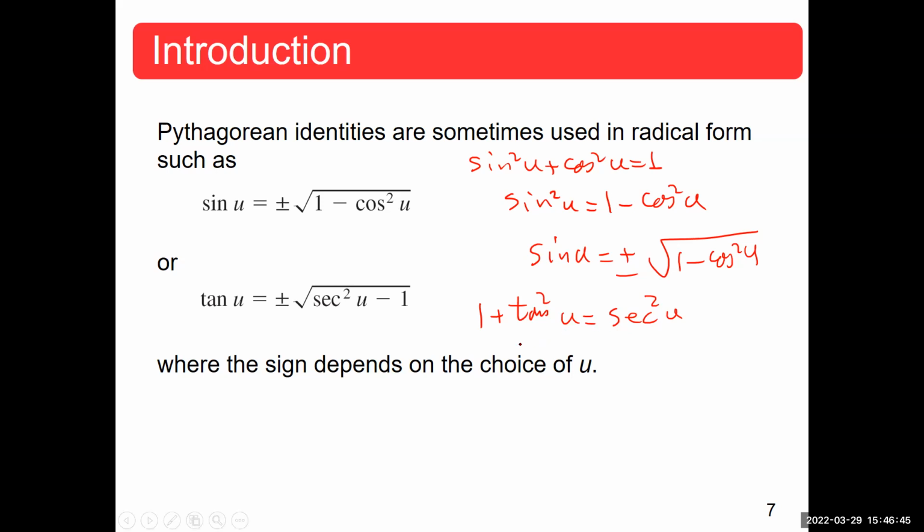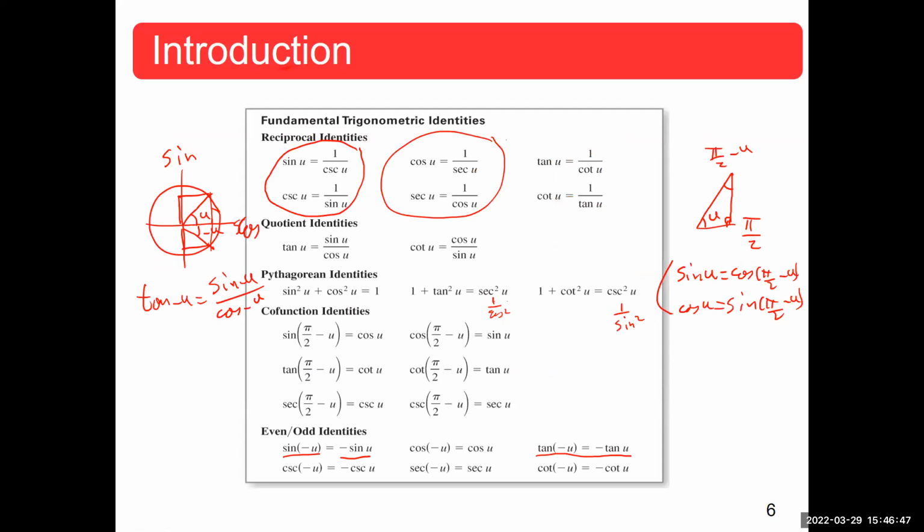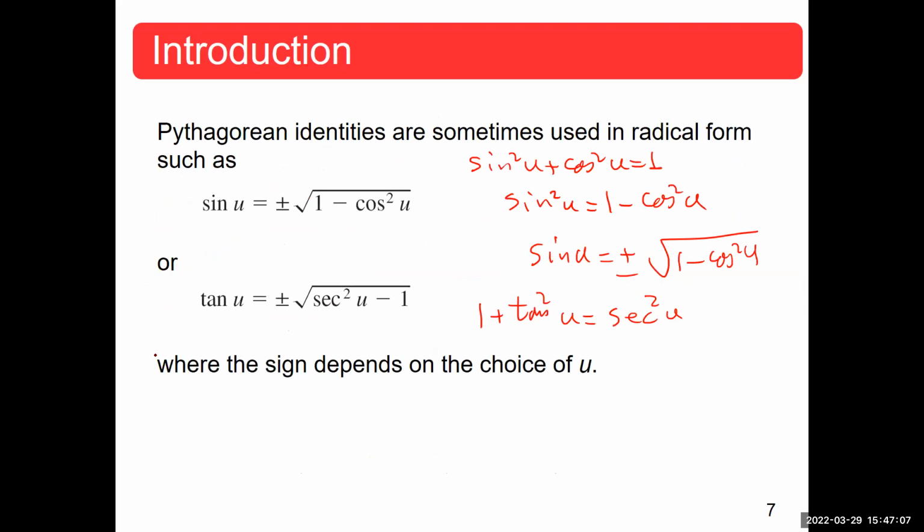What was it? Let me go back and look at that. Yeah, here it goes. You have 1 plus tangent equals secant. Okay, that's what I wrote. Yeah, so that's the original one.